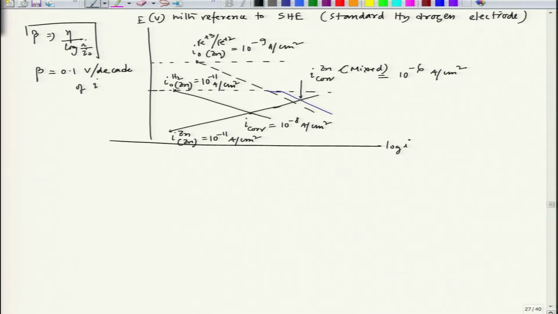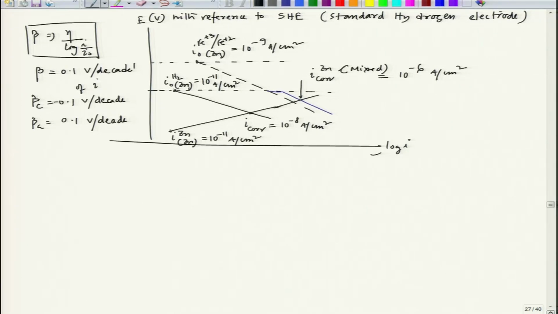That is what I am taking per decade, because this scale is in decade. So, beta_C will be minus 0.1 volt per decade, and beta_A equal to 0.1. There is a minus sign when we consider beta_C.